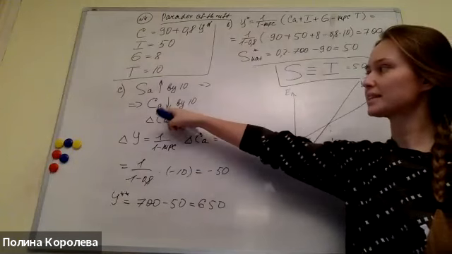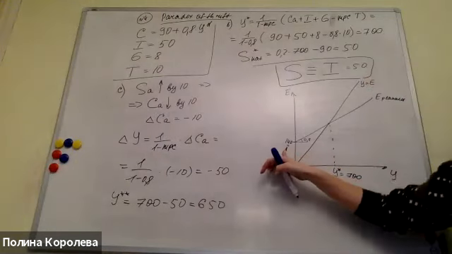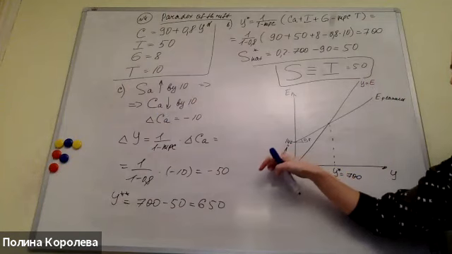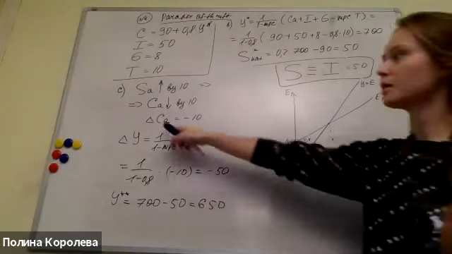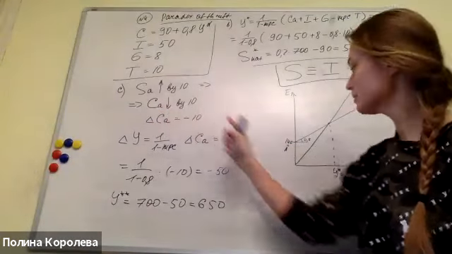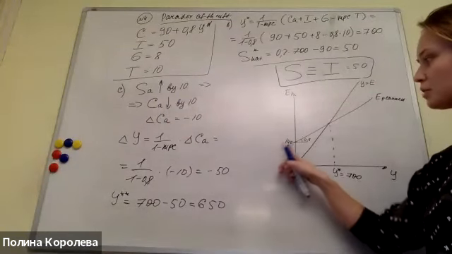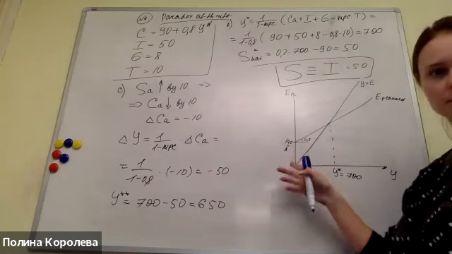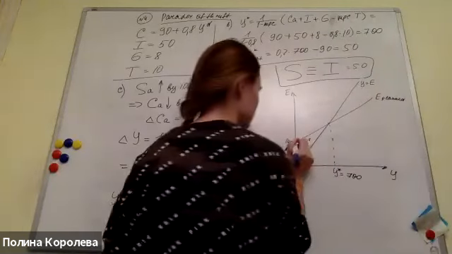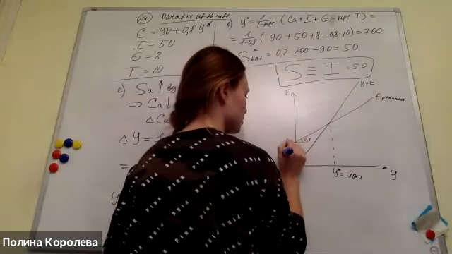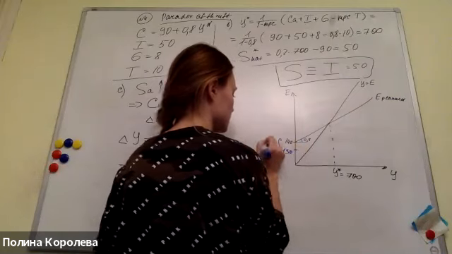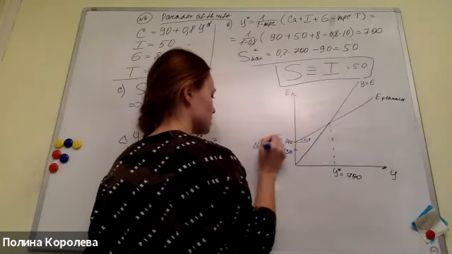Our autonomous consumption is where? In autonomous spendings. It is part of autonomous spendings. So if autonomous consumption decreased by 10, that means that autonomous spending is decreased by 10. So here will be not 140, but 130, lower by 10. So we start here from 130. This difference is the change in autonomous consumption, minus 10.